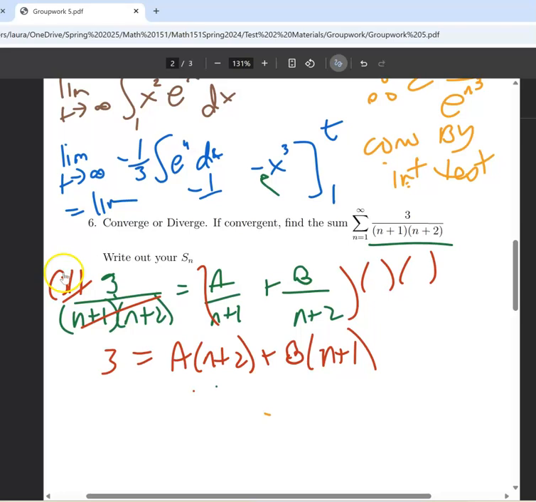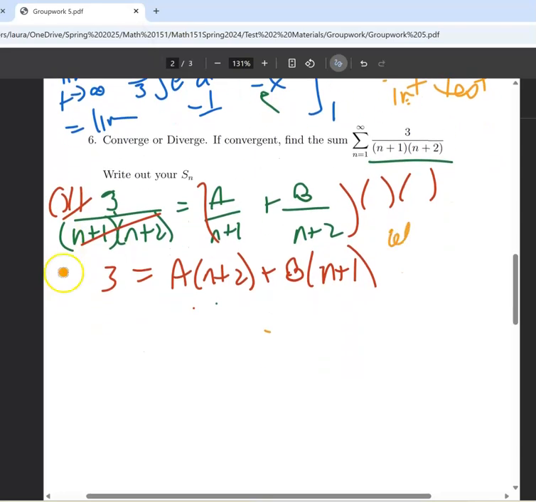And this is where you choose wise numbers. So if I choose n equal negative 1, I get 3 is equal to A, right? Negative 1 plus 2 is 1, so 3 is A, all right? So what happens if I let n equal negative 2, right? N plus 2 is 0. So I get 3 is equal to negative B.